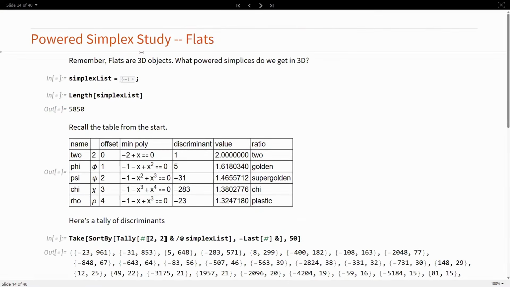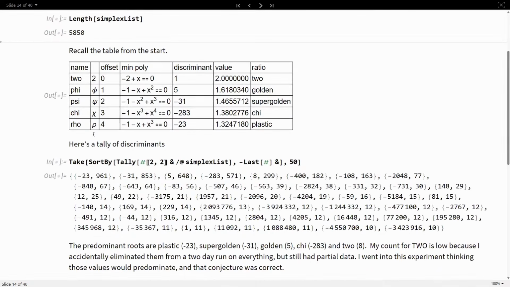So remember, my memo to self, flats are actually 3D objects, and here are the 5,850 solutions for degenerate simplices. And recall again that these are the values we're looking at, 2, phi, psi, chi, and rho.